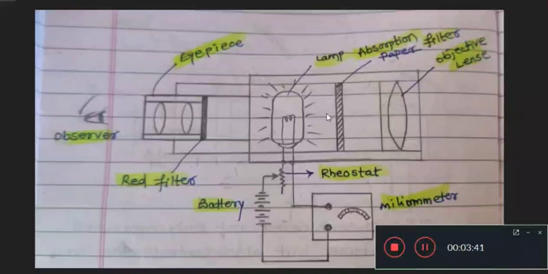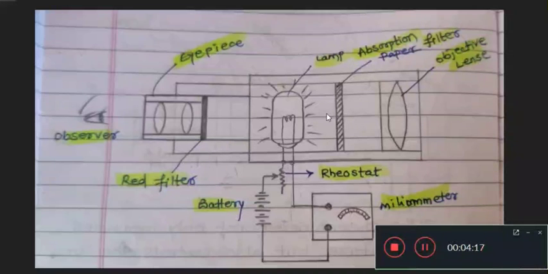The eyepiece is then adjusted so that the filament and source appear in focus to the observer. The filament will appear hotter or colder than the unknown source, as in figure A and figure B. By adjusting the battery current, the filament may be made to disappear as shown in figure C. The current indicated in the circuit is a measure of the temperature of the unknown hot source.